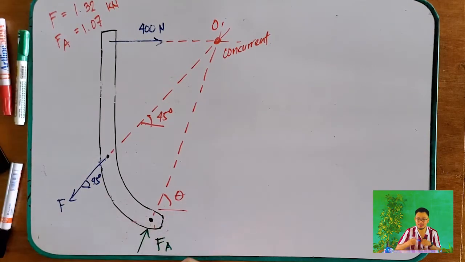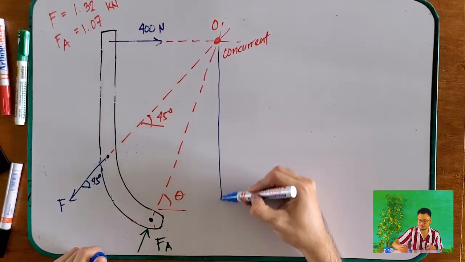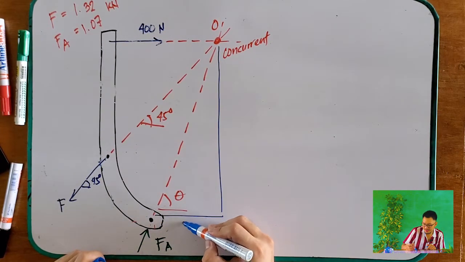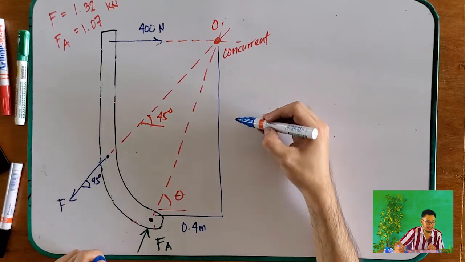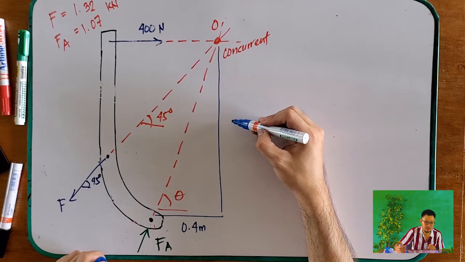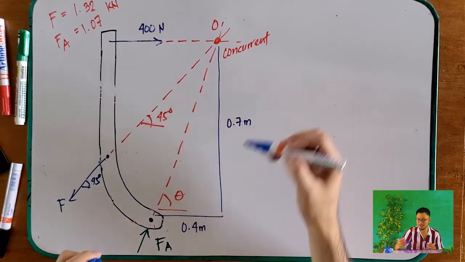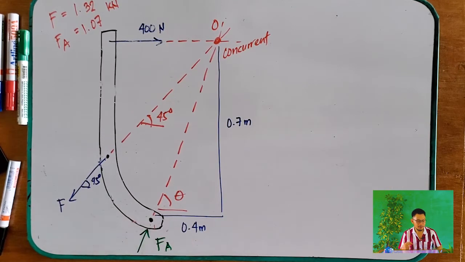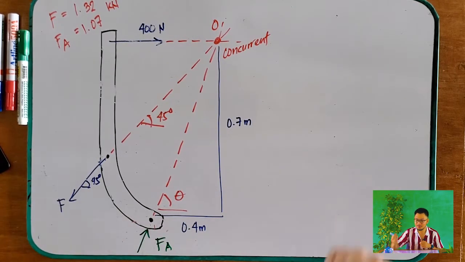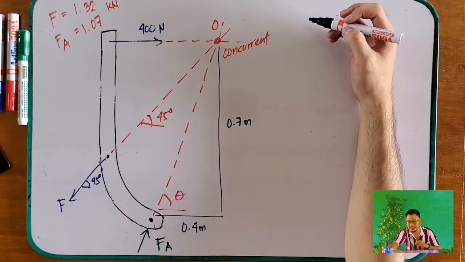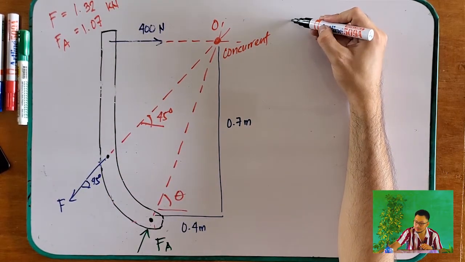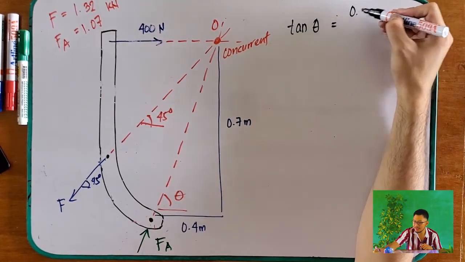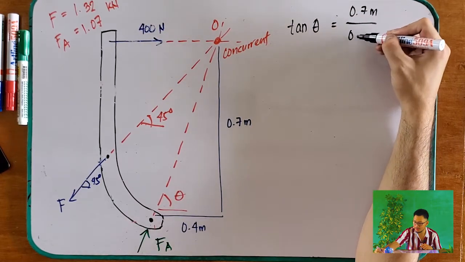We can use our trigonometry, because given here, this is 0.4 meters and this is 0.7 meters, according to our drawing in the example. So, for you to be able to get your theta, opposite over adjacent. So that is tangent of theta is equal to 0.7 meters over 0.4 meters.